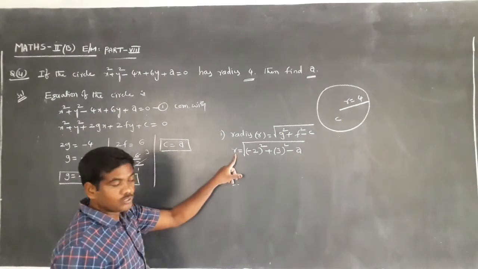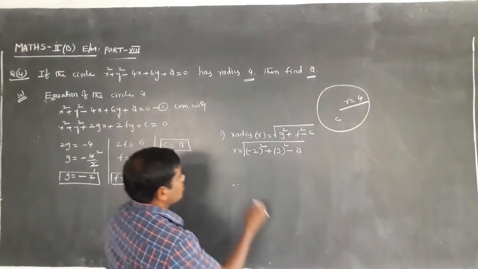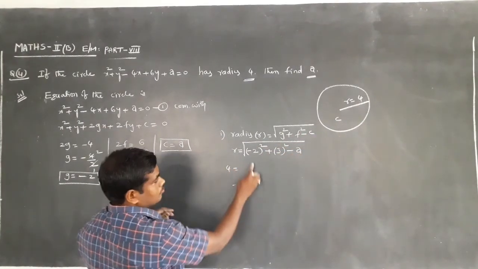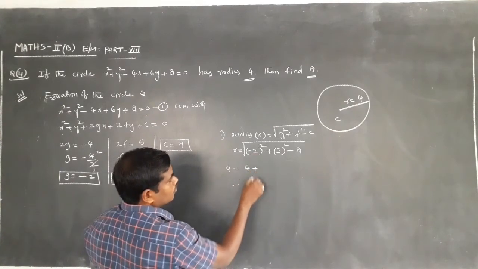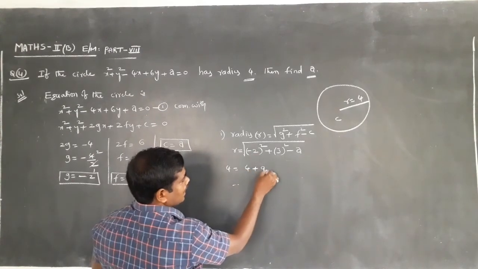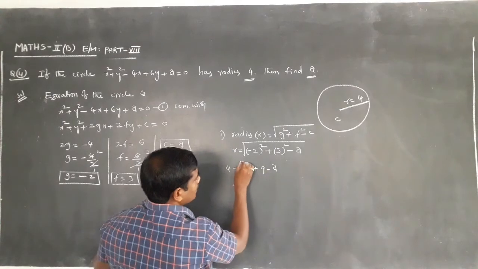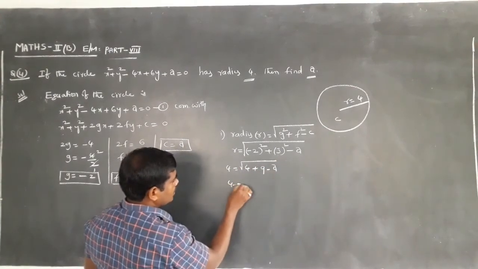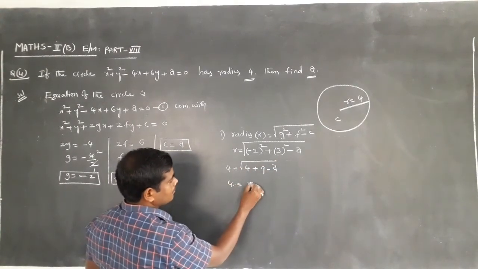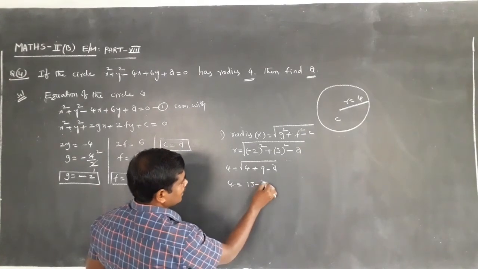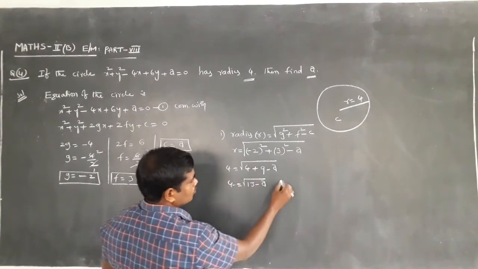Substituting r is equal to 4, 4 is equal to under root of minus 2 whole square, 4, plus 3 square, 9, minus a. So 4 is equal to under root of 4 plus 9, 13, minus a.